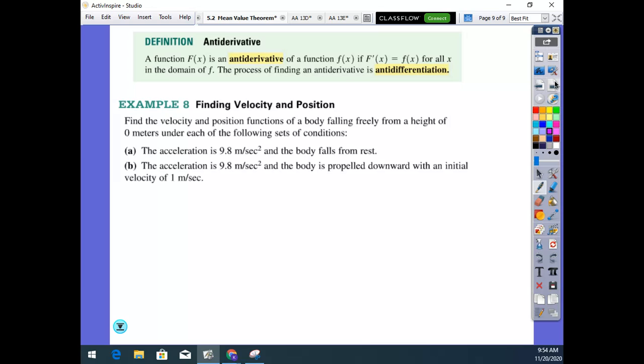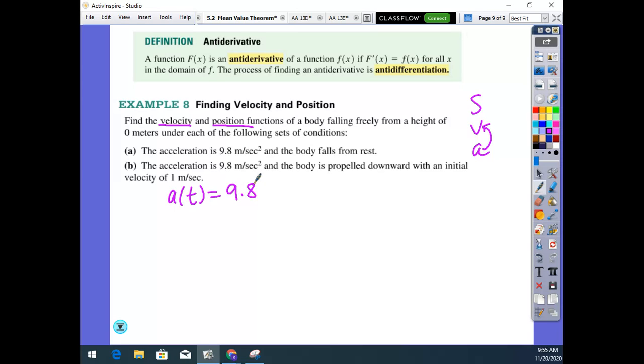Okay, so last example, finding velocity and position if we start with acceleration. The first thing I want you to understand, it says find the velocity and position functions. Remember, S, V, A. We're now going to go backwards. It says A, let's just say of t, equals 9.8.